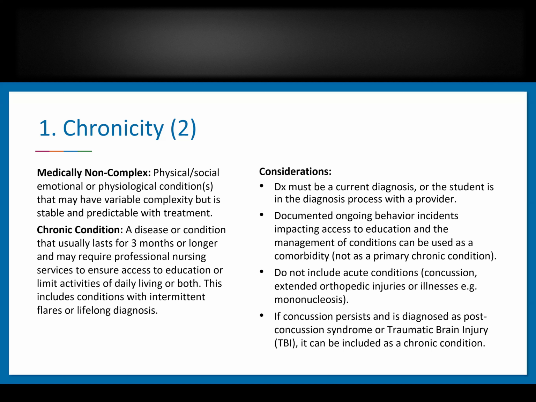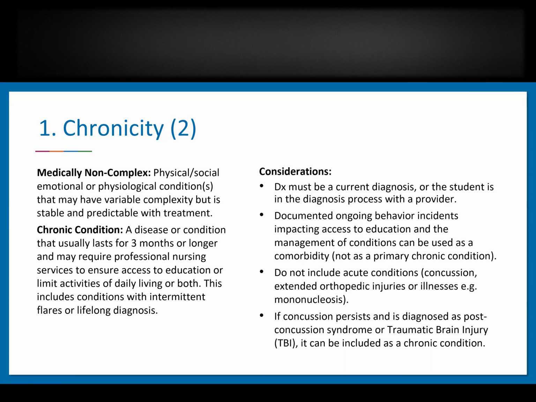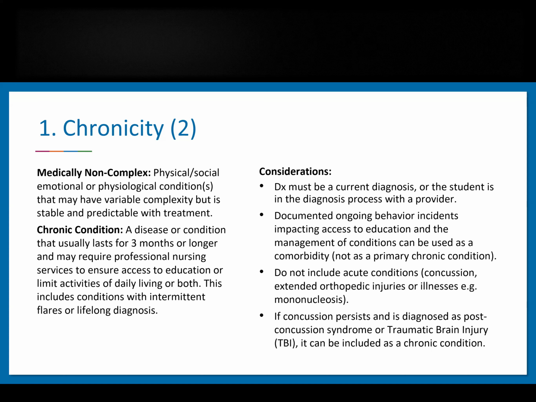Therefore, documented ongoing behavior incidents impacting access to education and the management of conditions can be used as a comorbidity, not as a primary chronic condition. Data gathered needs to be formally collected in the school's behavior tracker system. Hearsay and stories cannot be used.